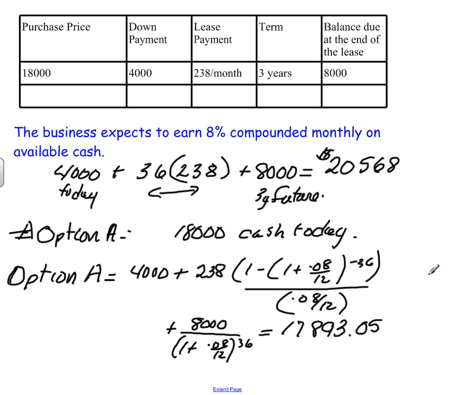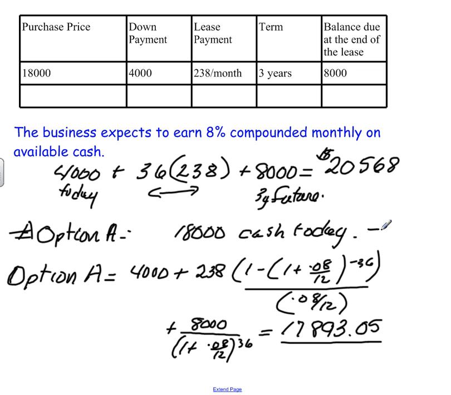So if we compare the two options, realizing that the business manager can earn 8% on any cash in their accounts, what we find is that in today's money, he can buy the car for $17,893 by taking this particular lease.